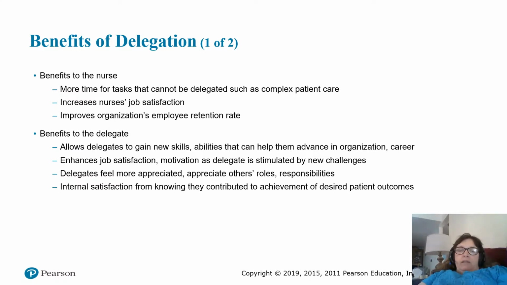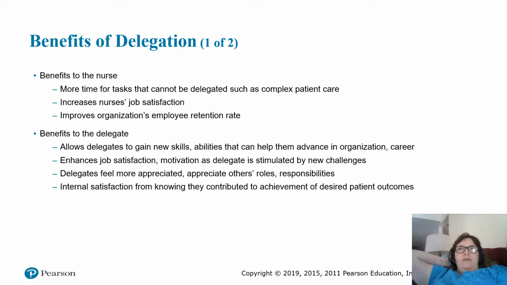Benefits to the delegate: it allows delegates to gain new skills and abilities that can help them advance in the organization and therefore their career. It enhances job satisfaction. Motivation as the delegate is stimulated by new challenges.